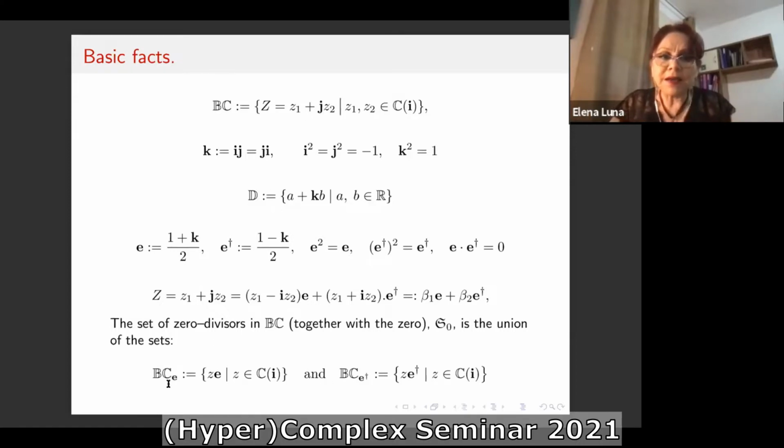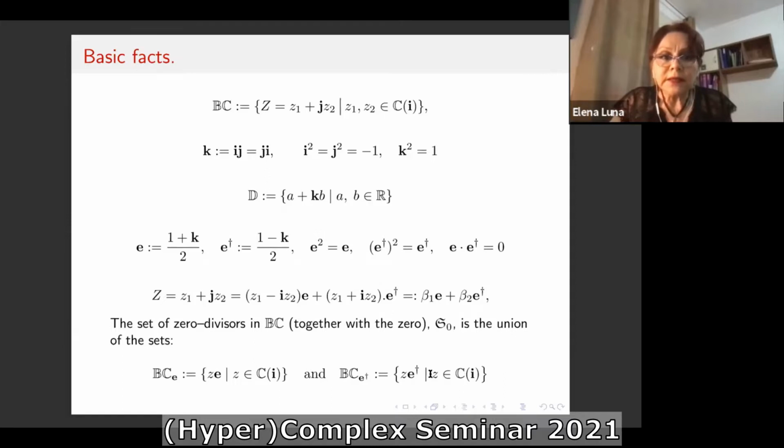And we usually use this notation: B Z e is the set of all the numbers of this form, z times the idempotent number e, and the set of z e dagger. Okay, so then there are two planes that live in R4 and they are orthogonal. They intersect only in 0.